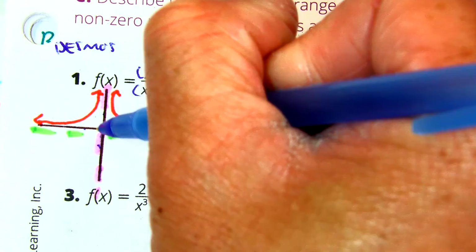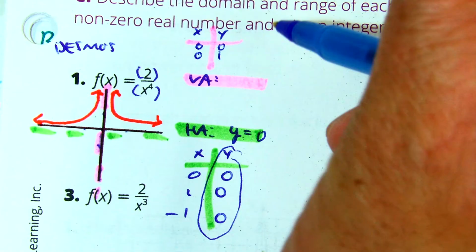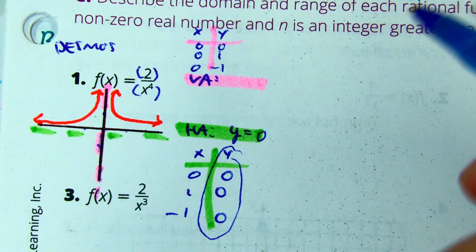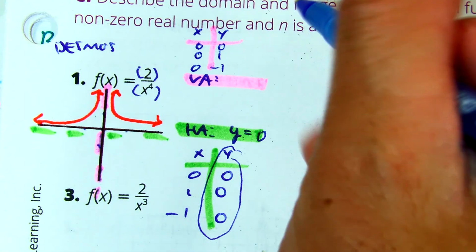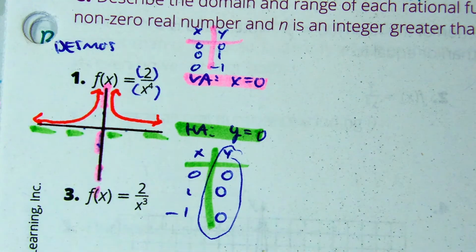Stay on the 0 on the x-axis, 1 on the y-axis. Keep going. 0, negative 1. And what pattern do you see? X is equal to 0. Okay. This was a review of Friday's lesson.